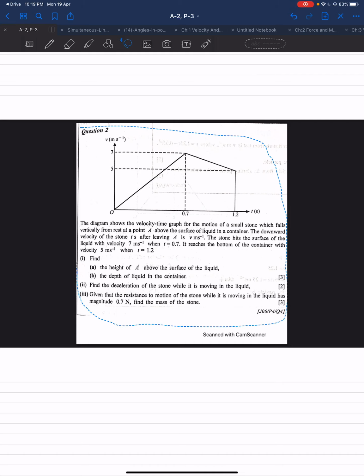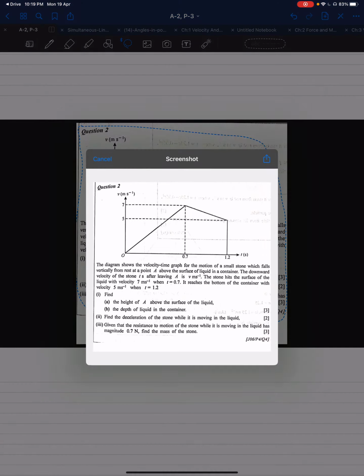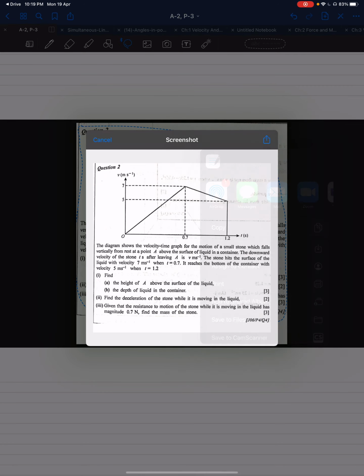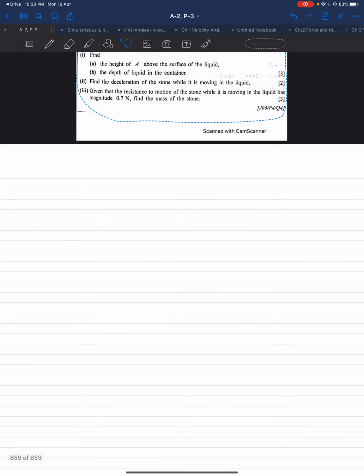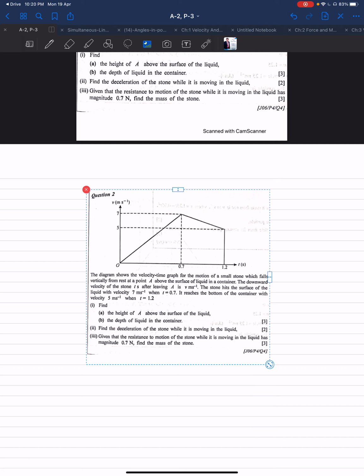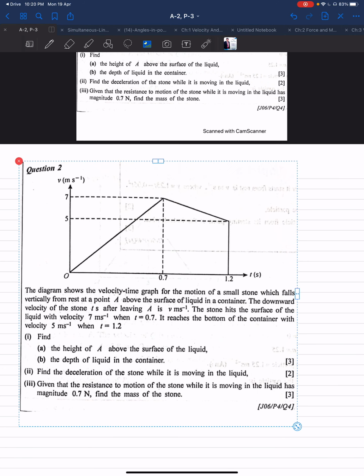This is the paper. This is also a 2006 paper, 2006.